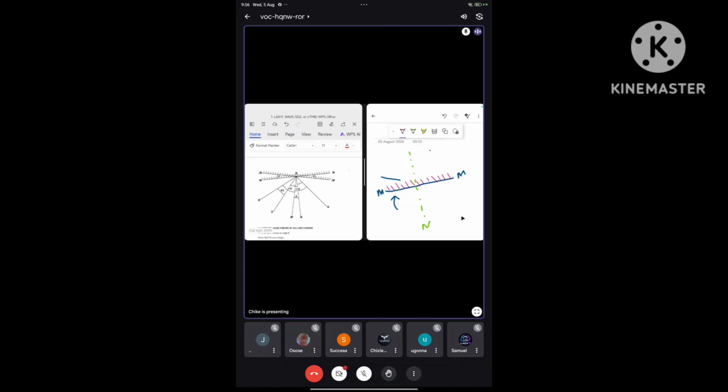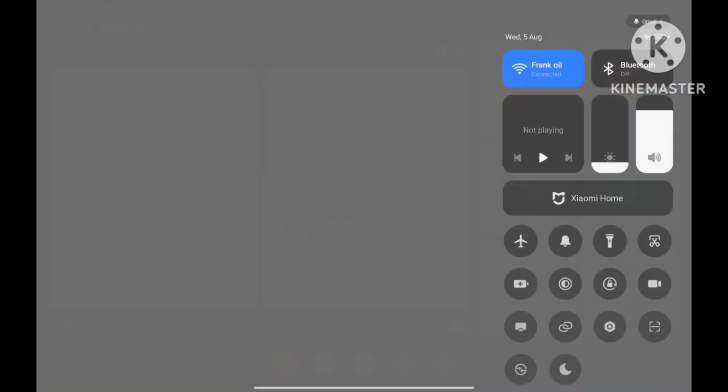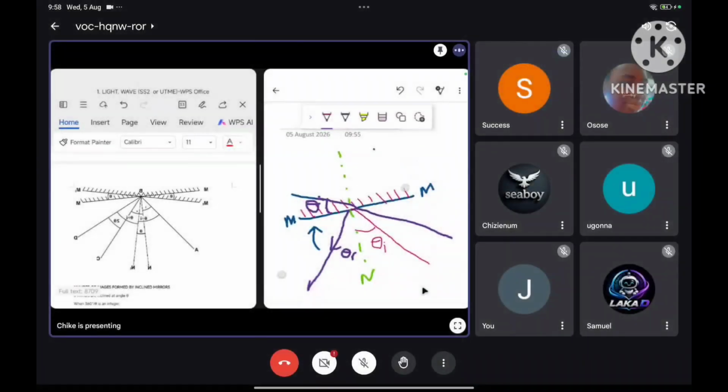Now, the angle of incidence is going to be equal to the angle of reflection. So let's draw the angle of incidence. So this is the angle of incidence. Here is the incident angle. Let me call it theta. Let's say that normal line is around here, because for every mirror, remember what I said, you must have a normal line. So let's draw its own normal line.